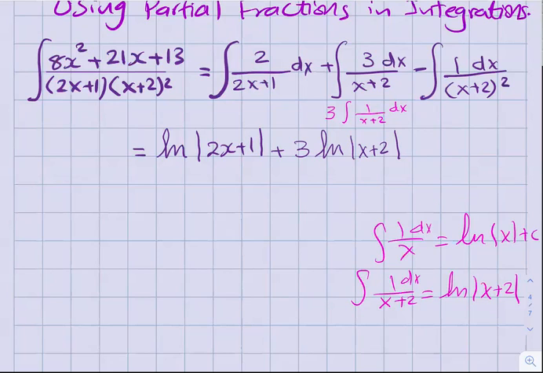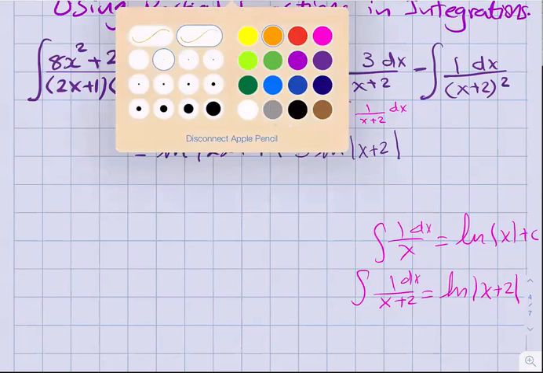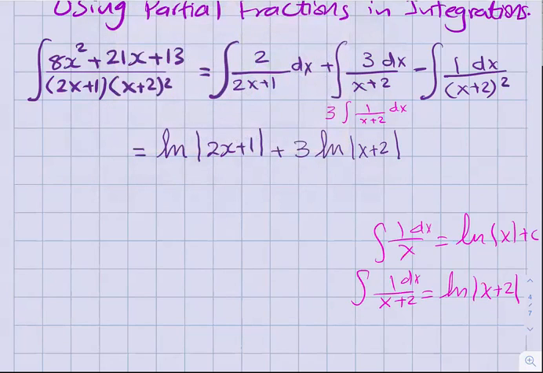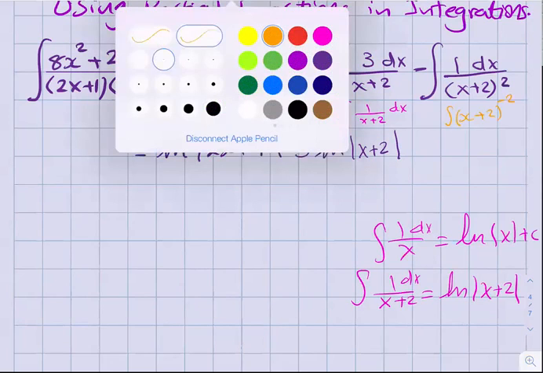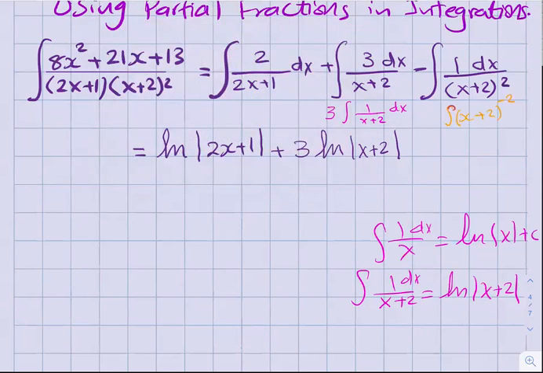I'll write it in pink or orangey here. We can write this as the integration of 4 times x plus 2 to the power minus 2. When you integrate to the power minus 2, you add 1 to the power and divide by the new power.